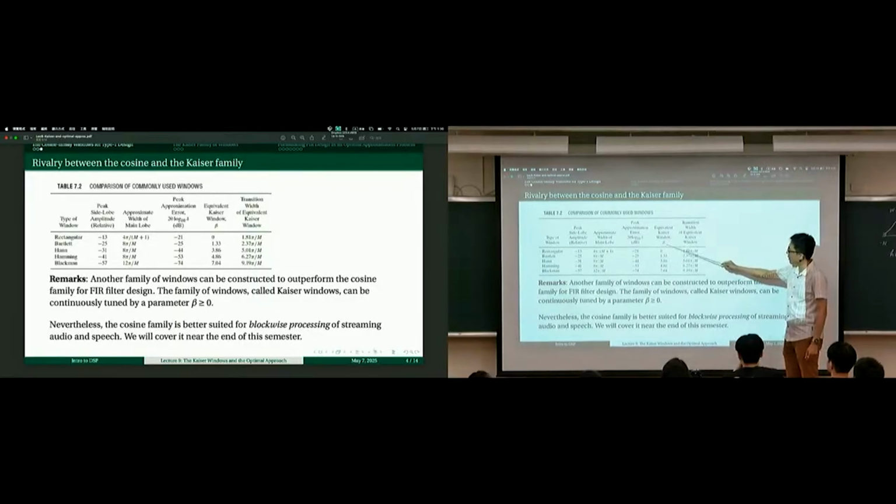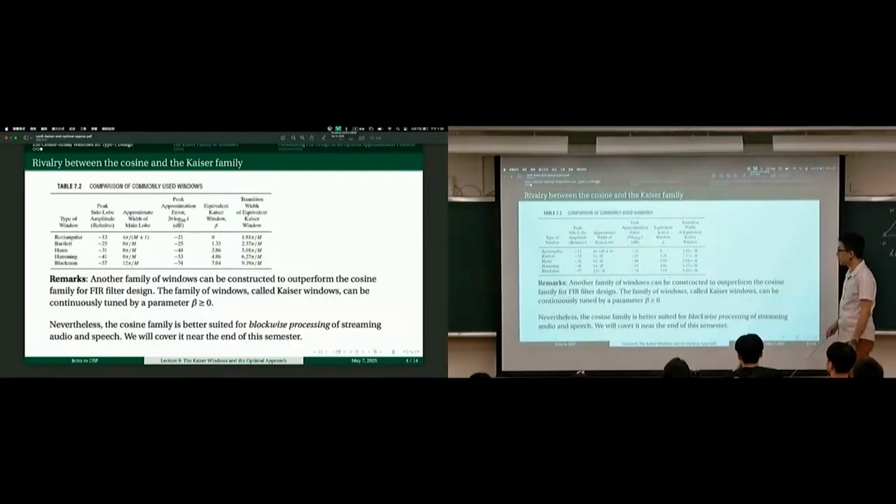When you choose the Kaiser window, to jump to the conclusion, it turns out you can construct the Kaiser family of windows, or simply Kaiser windows. They outperform these fixed windows. Fixed meaning 它就是固定的, fixed windows.